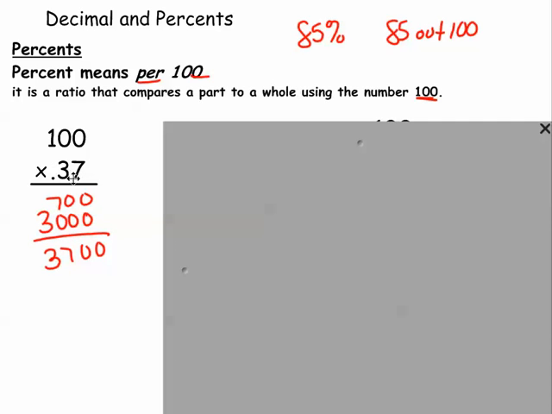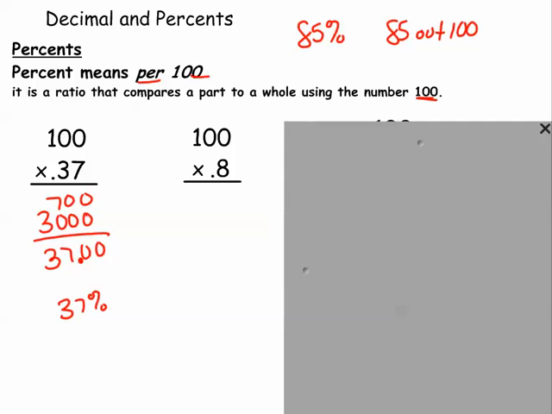So I count my decimal places, 1, 2. So 100 times 37 hundredths would be 37%. Okay, let's go to this one. That's 0.8, and I move my decimal one place. So 8 tenths times 100 would be 80%.